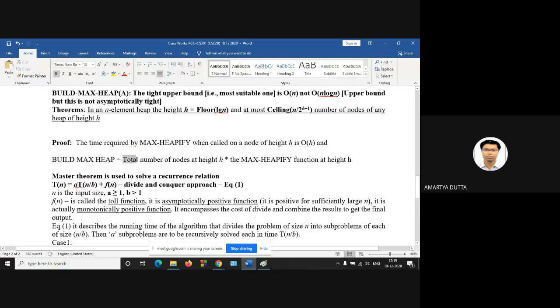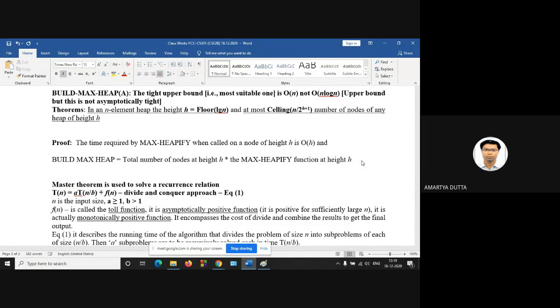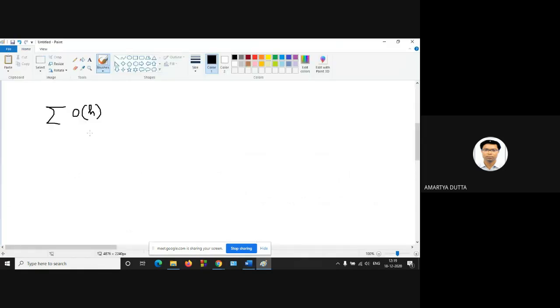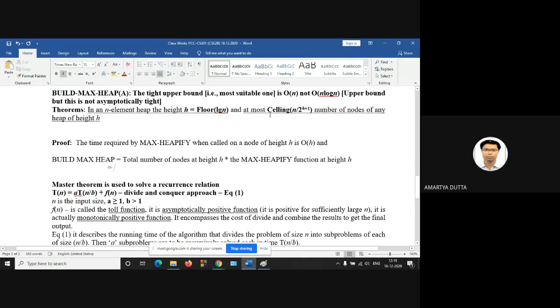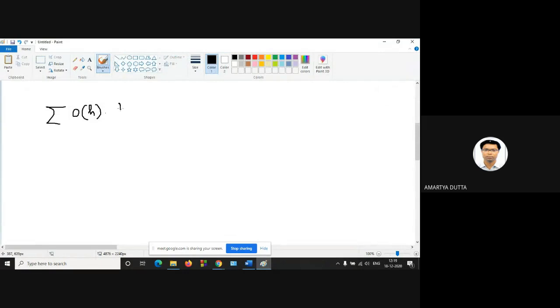If the height is h, up to log n, according to the theorem, total number of nodes at height h into the max heapify function at height h is: max heapify is order of h, and at height h, at most ceiling of n by 2 to the power h plus 1 number of nodes will be there.